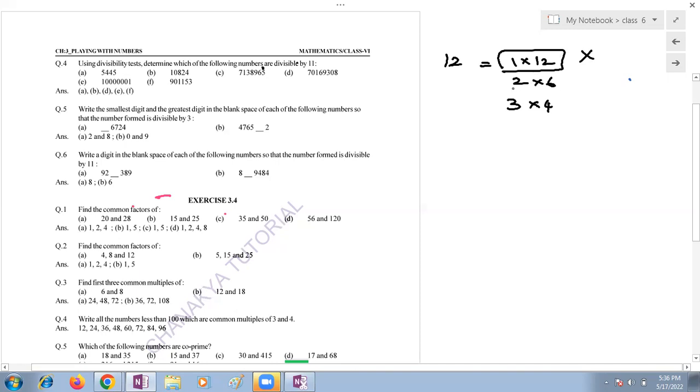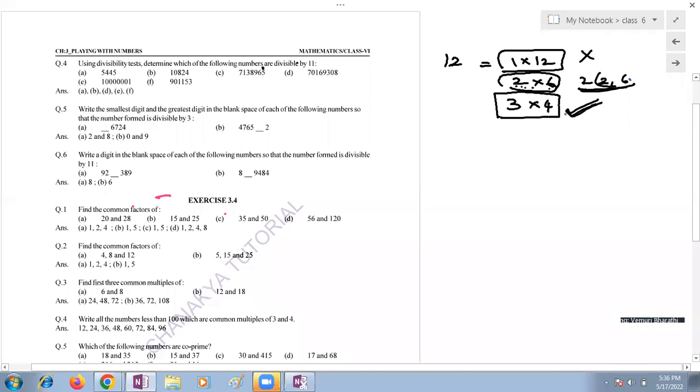So we leave that. For 2 and 6, except 1, is there another common factor? Yes, the common factor is 2. But for 3 and 4, is there any common factor except 1? No, none. This pair we can take, children.